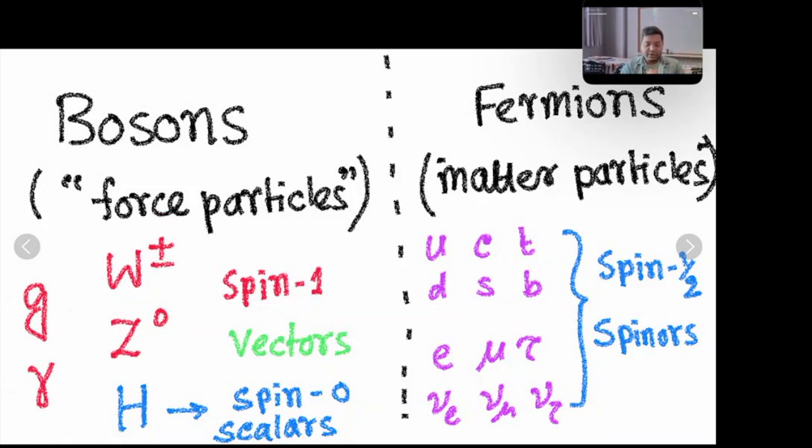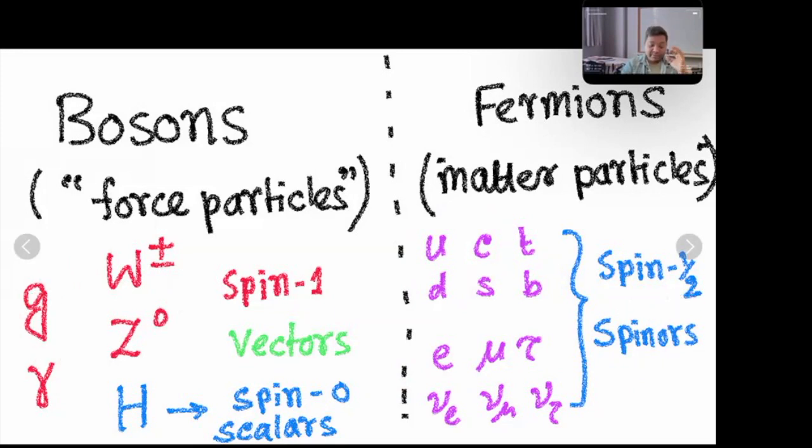All these are spin 1 particles, which are vector particles. Also, in the Standard Model we have the Higgs, which is spin 0, a scalar.